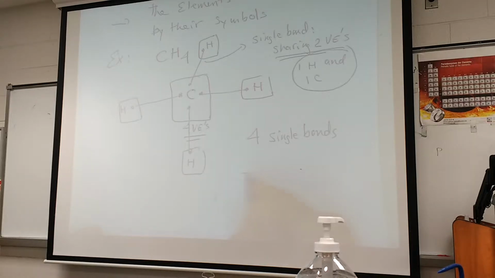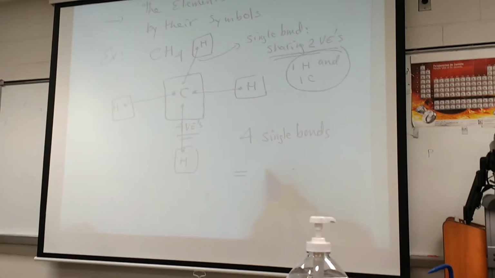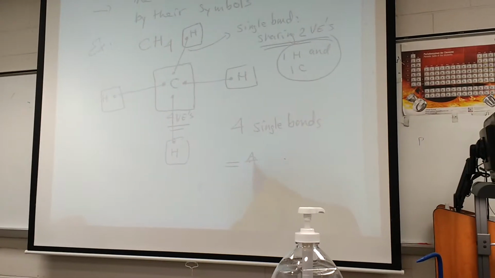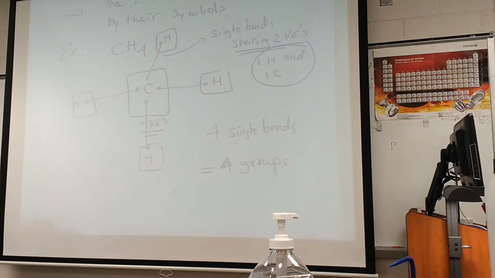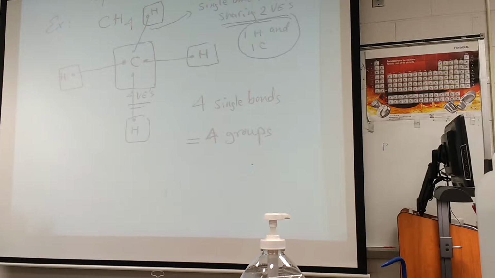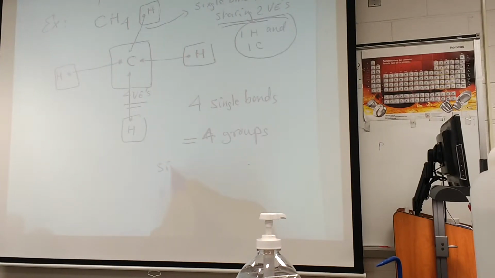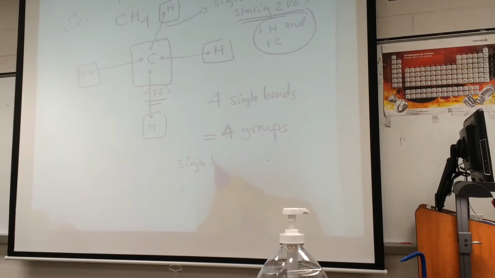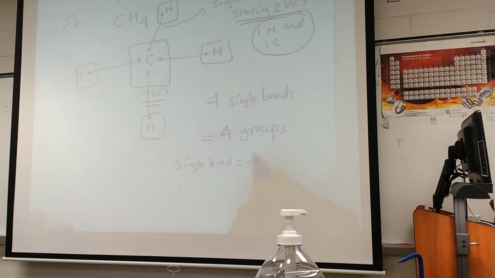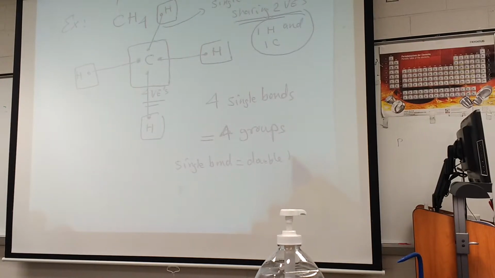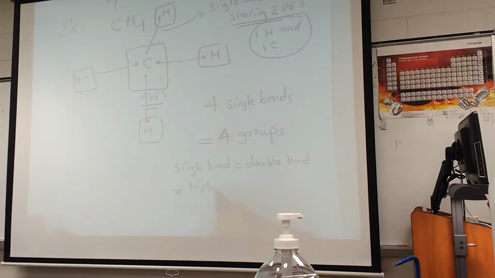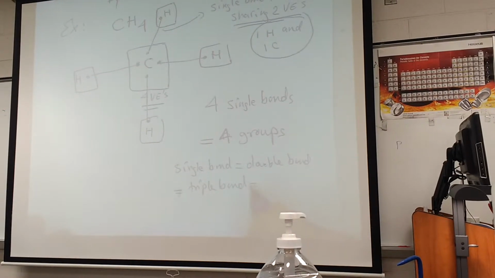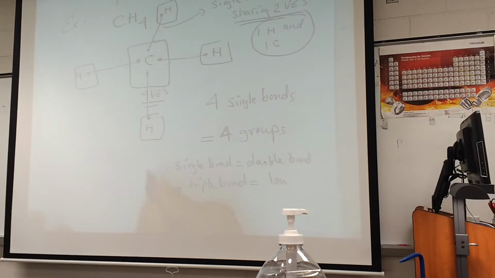And you can say each bond is, we call them groups, correct? Those are 4 groups. Each single bond is considered as a group. So single bond as well, double bond as well, triple bond as well, and lone pair, correct?